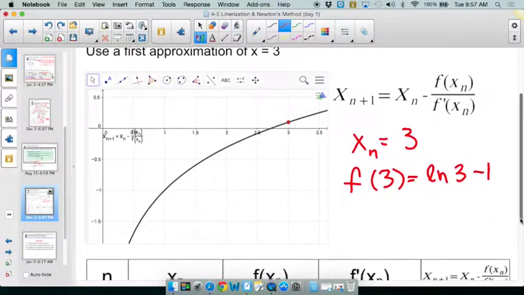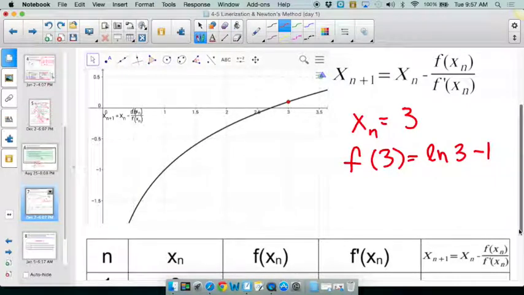What do you get for a decimal there? Anybody got that decimal for me yet? You get 0.09861. Awesome.